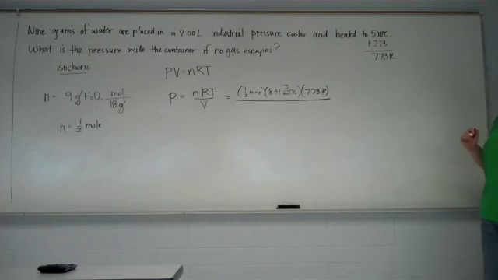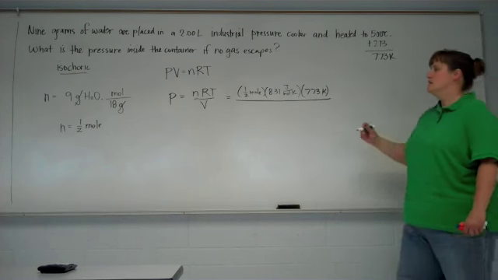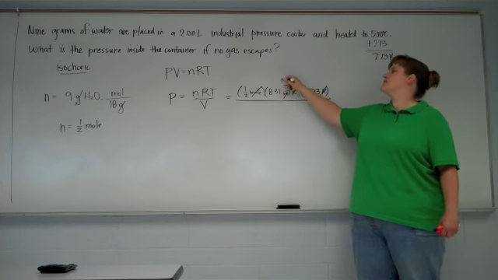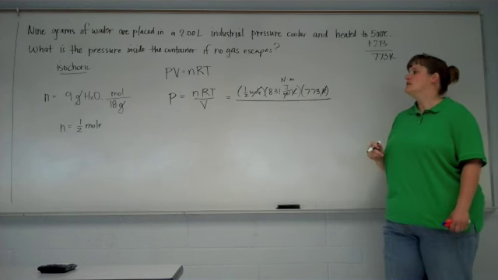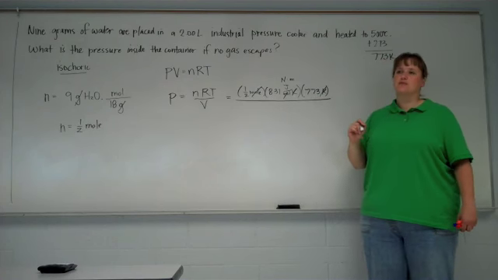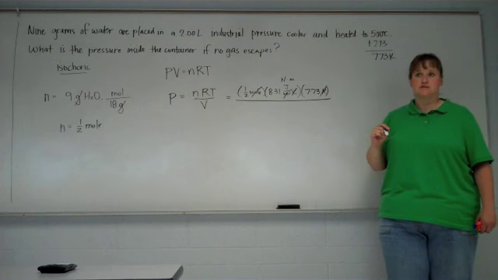Volume. In order for our units to work out correctly, our moles have canceled, our Kelvins have canceled. Joules, remember, is a Newton times a meter. To get our pressure in newtons over meters squared, our volume will need to be in meters cubed.